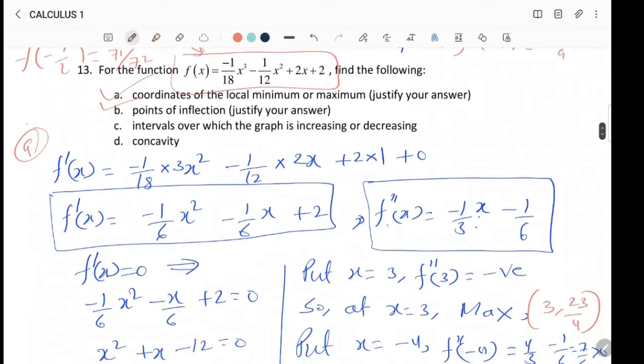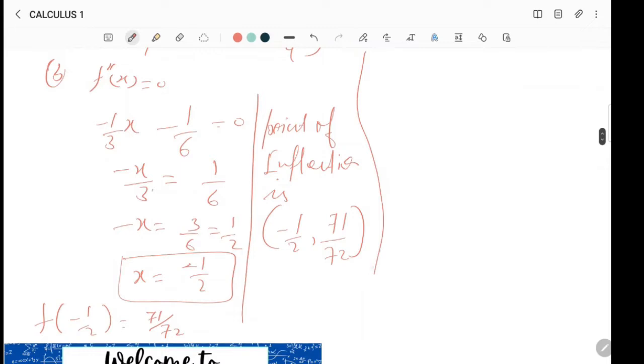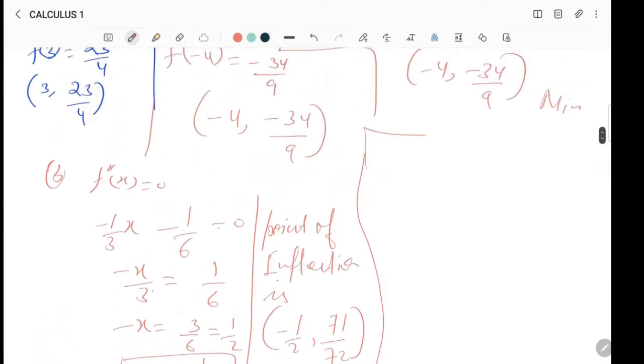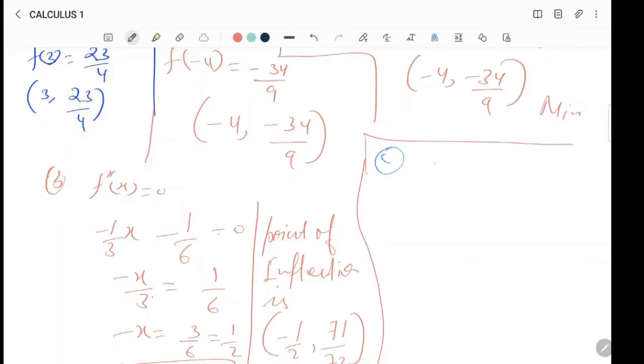Now the C part: intervals over which the graph is increasing or decreasing. So for increasing, f dash x must be positive.